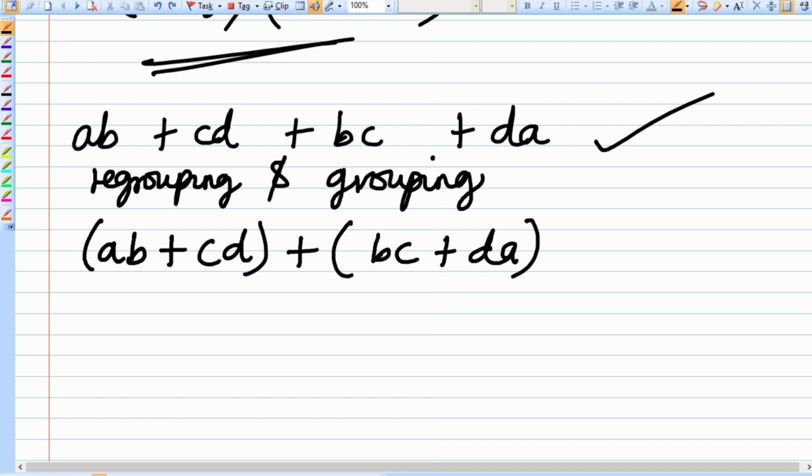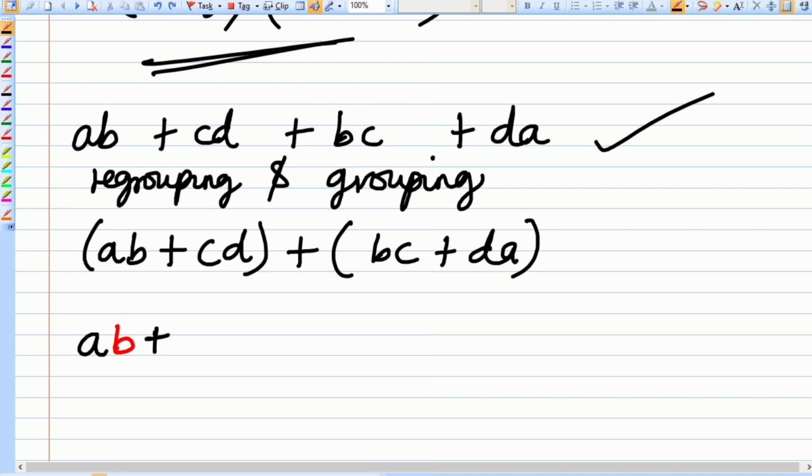So let's have AB. Or rather, let me use another color for this to make everything clear. So I have AB. So I'm using red for B. So we want to get another term in this question that has B. So definitely it is BC. So we're going to put BC together with AB.